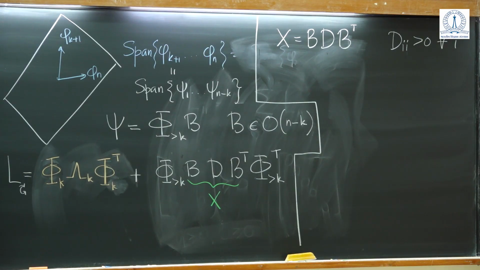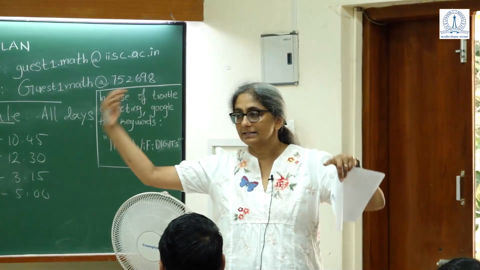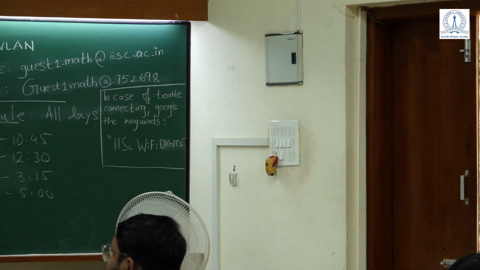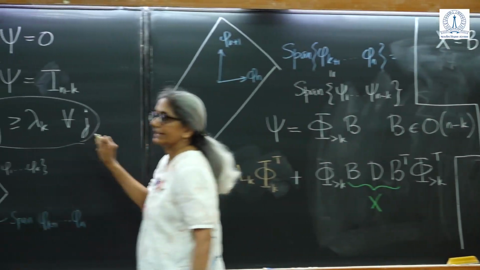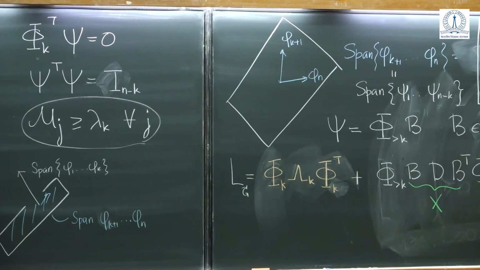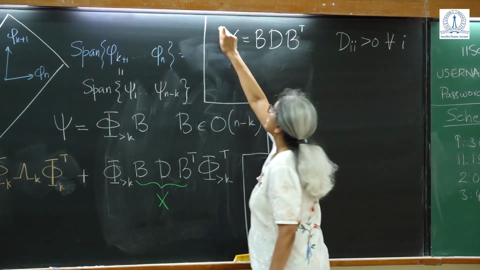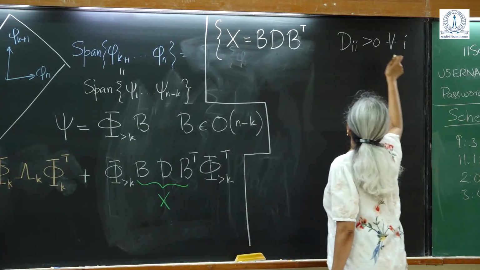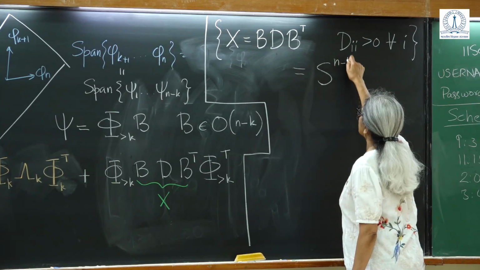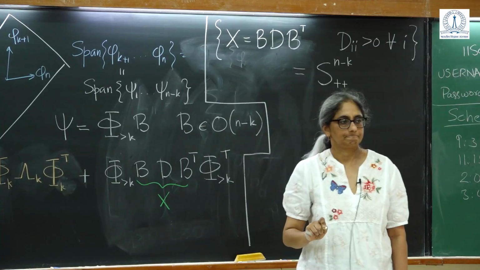It'll look like orthogonal times a diagonal with all positive entries times the transpose. I'm not imposing the lambda k condition yet, I'm just imposing that it's positive. So the set of all X such that this happens is exactly the positive definite matrices of size n minus k.